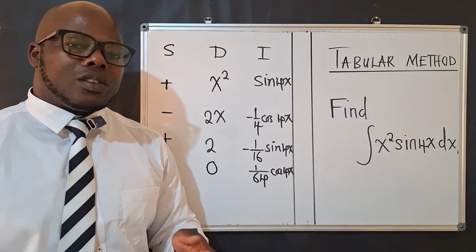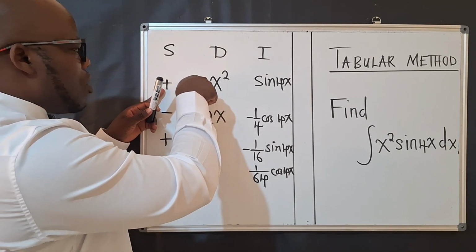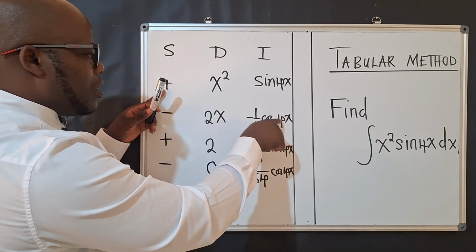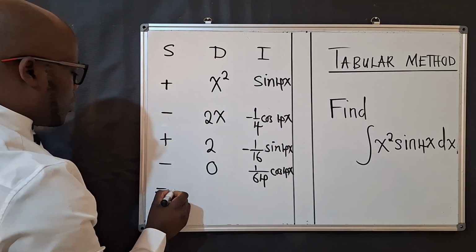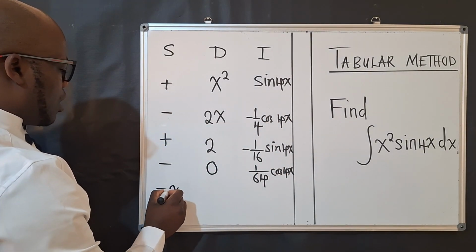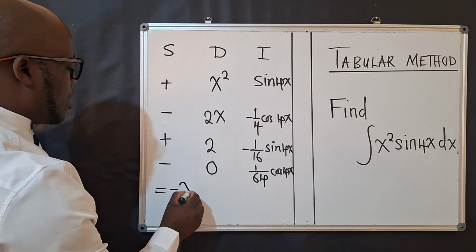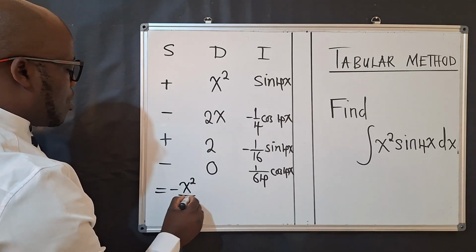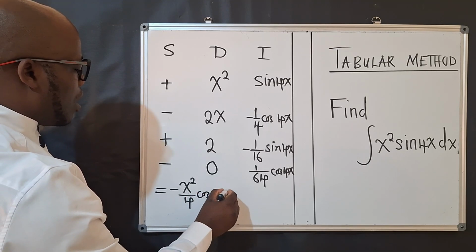And when we do this, we now start with a sign. It will go with a function. From this function, we get what is here. So of course, it's giving us an x squared, actually negative. It's supposed to be negative, right? So negative x power 2 over 4 cos 4x.